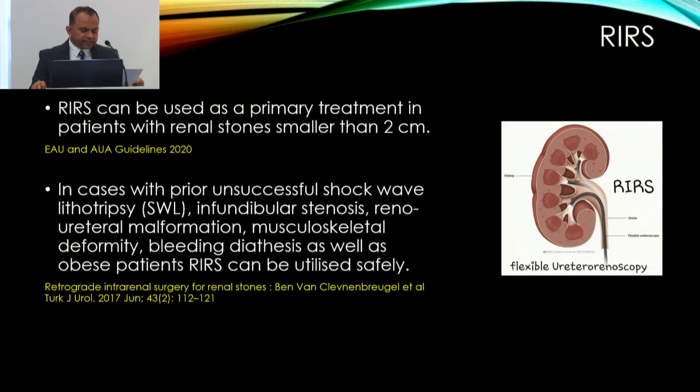Retrograde intrarenal surgery, or RIRS, can be used as primary treatment in patients with kidney stones smaller than 2 centimeters. RIRS can be utilized safely in many instances where shockwave lithotripsy has been unsuccessful.